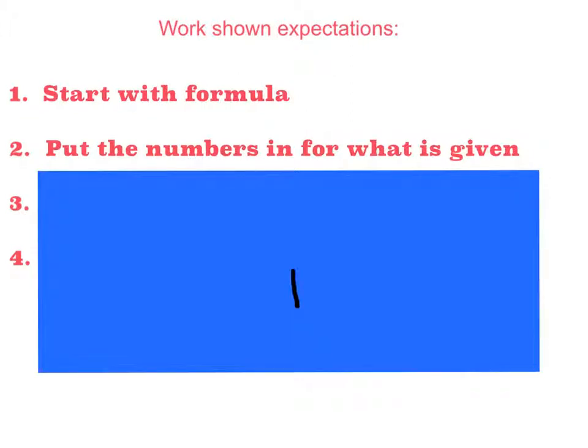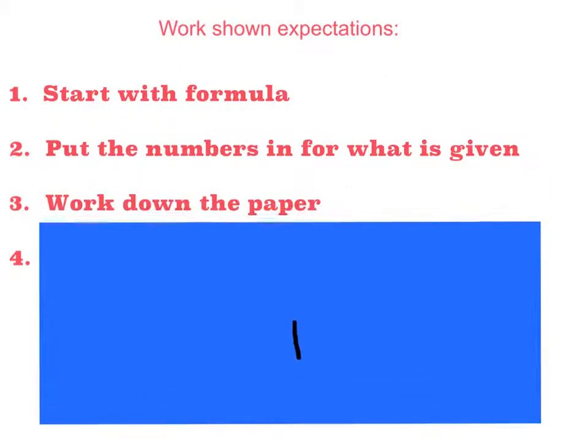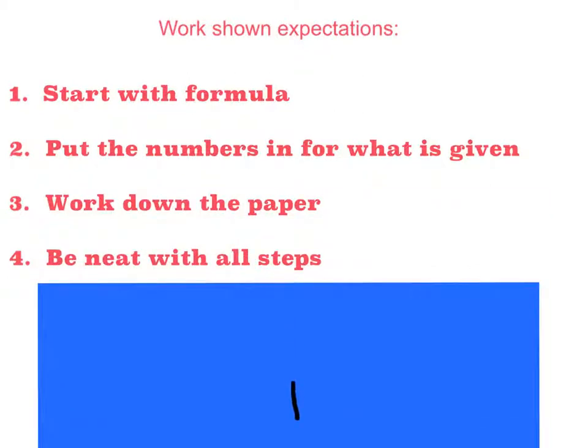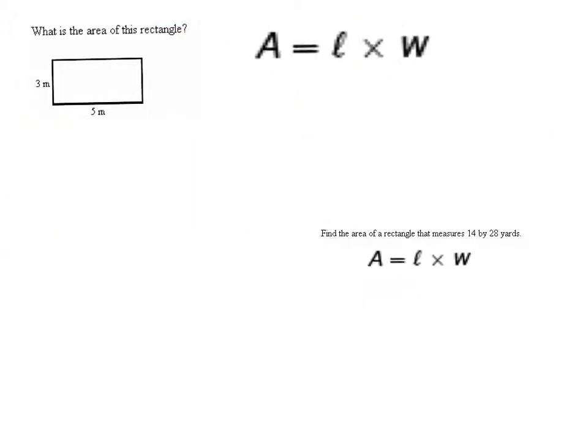You can just do that right underneath, and I'll show you examples of what I'm looking for. Work down the paper. Don't work across, left to right. Work down the paper from the formula. And be very neat with this. You want to make sure that you have everything that you need in that problem to show all the steps that you're going to use.